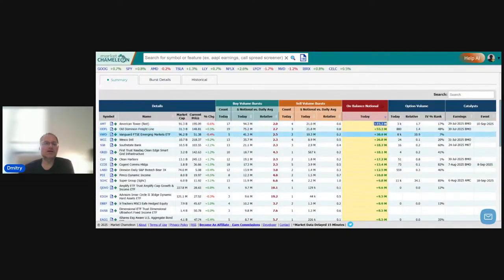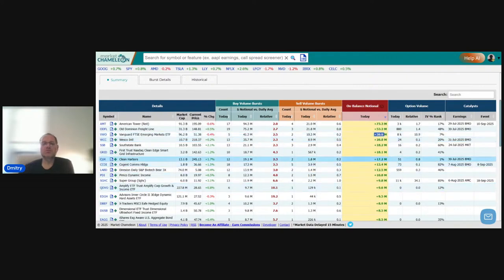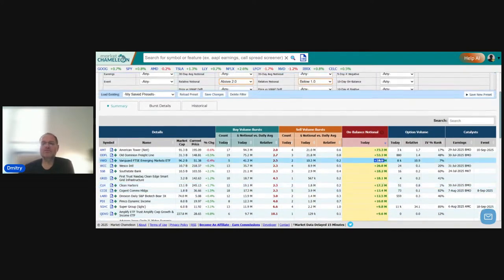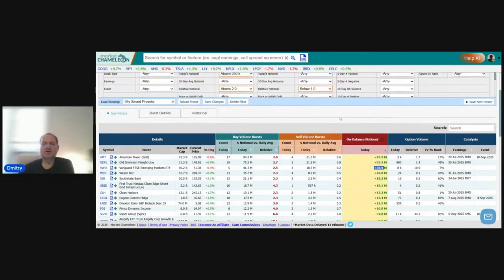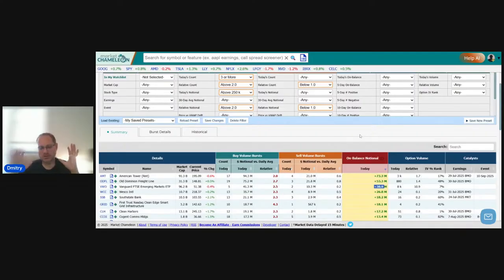So 73 million AMT, ODFL, 30 million. So what we did here was filter out stocks that saw an unusual amount of buy volume bursts, but less than typical on the sell volume bursts. Okay, so that's where we're getting this imbalance from.